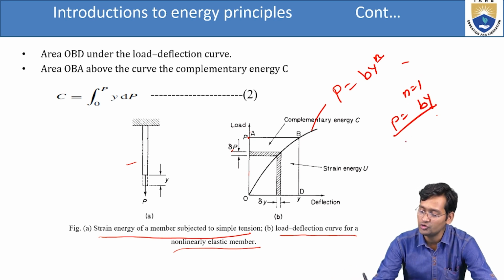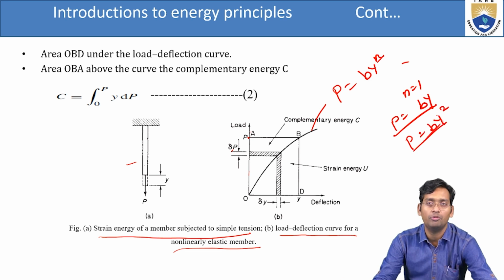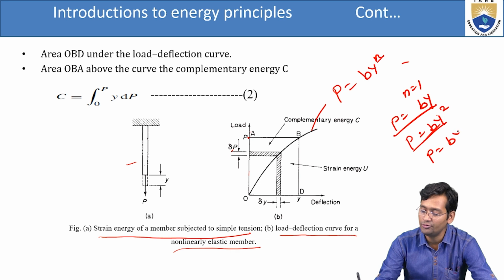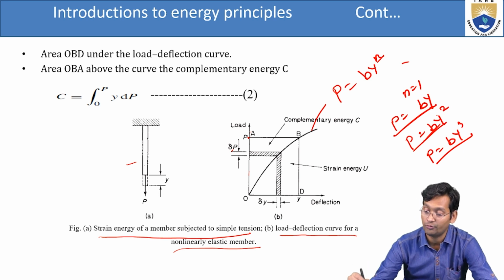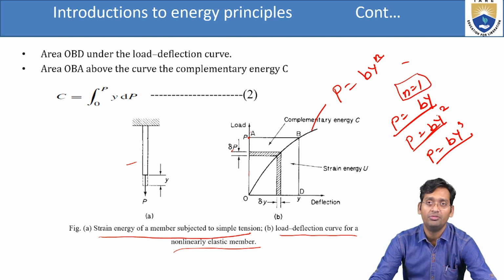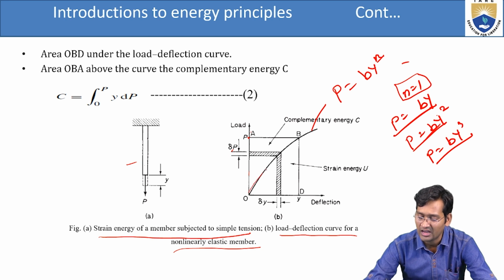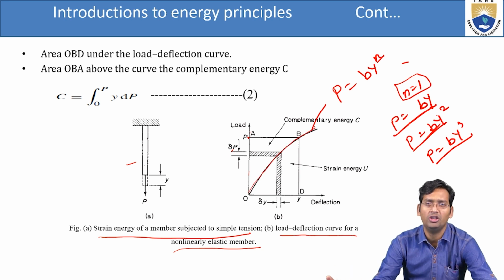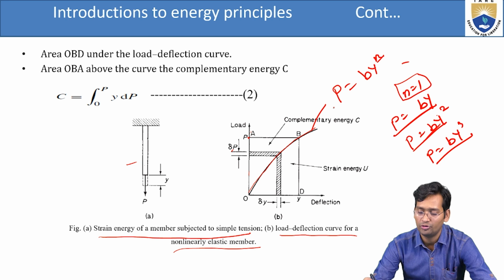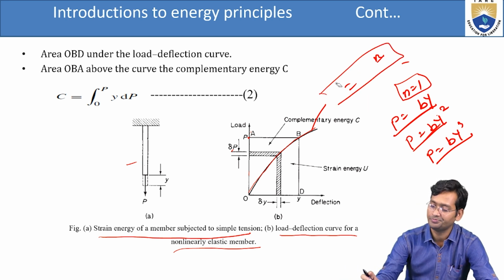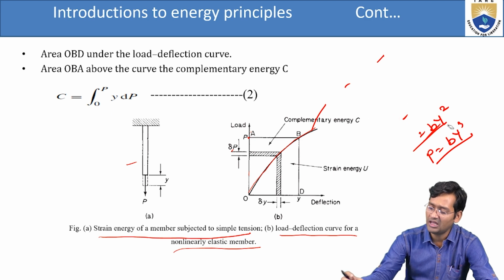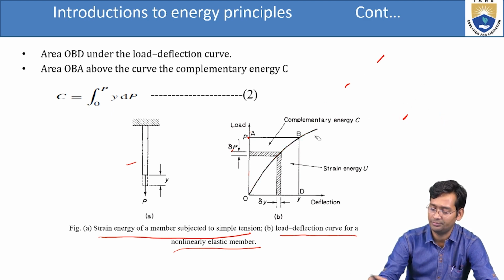If n is 2, then p equals b y squared, which becomes parabolic; n equals 3 gives cubic. Whatever value of n we choose, we get a non-linear curve; only for n equals 1 is it linear. So for an arbitrary curve, whether parabolic, cubic, or any other that we don't know, we simply take p equals b y to the power n. Okay, so now with that we will find this.